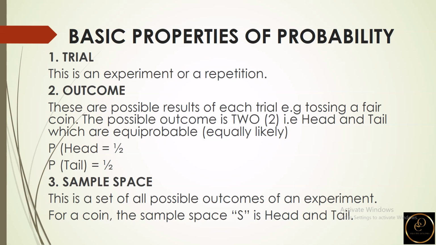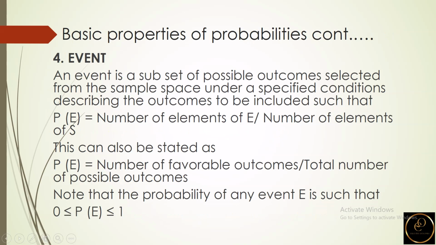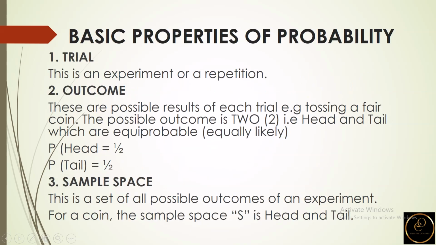Here, the probability of a head is 1 out of the possible 2, which is half. The probability of a tail is also 1 out of a possibility of 2. So there are 2 possible outcomes, head and tail, and the chance that you pick a head is 1 out of those 2.